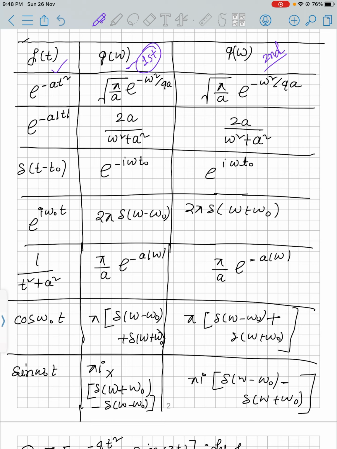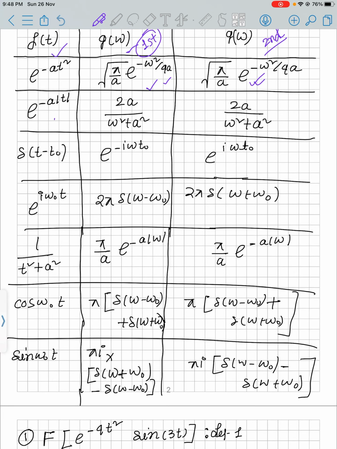So e to the power minus a t square gives root over pi by a, e to the power minus omega square by 4a, and you can see these two are the same. And here also, e to the power minus a mod t gives 2a by omega square plus a square, and 2a by omega square plus a square. You can see this is also the same.